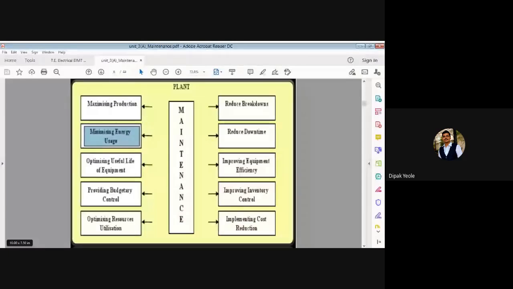Yes, so it is a huge drawback of the thermal power plant. Yes, so we are interested in minimizing the energy usage. So this is the second objective of this department.